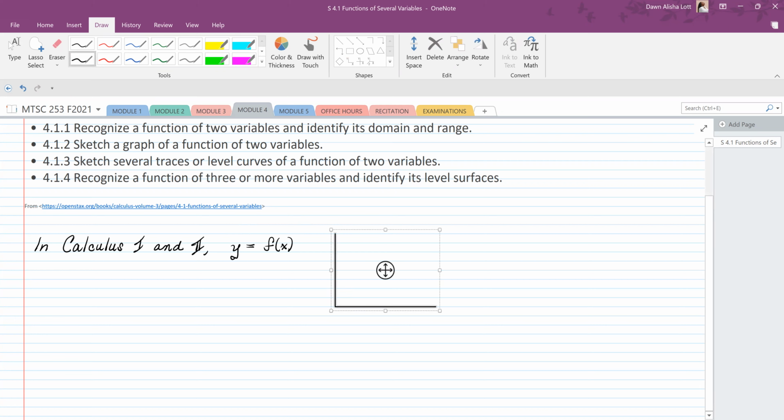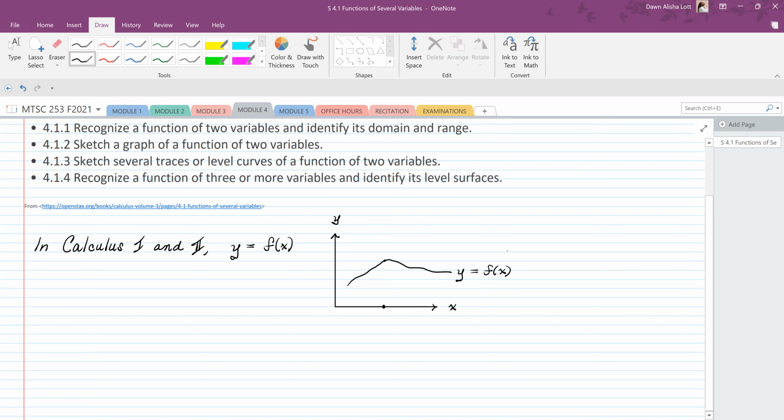So here is y and here is x. And if I give you an x value, you give me a y value, and I can draw a function y, which is a function of x.